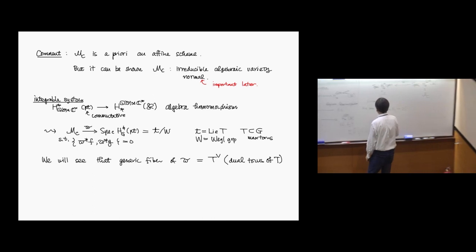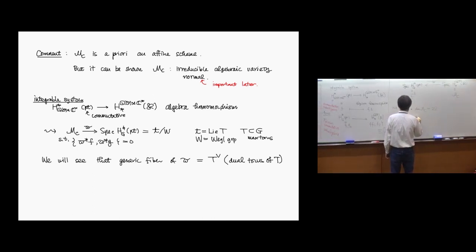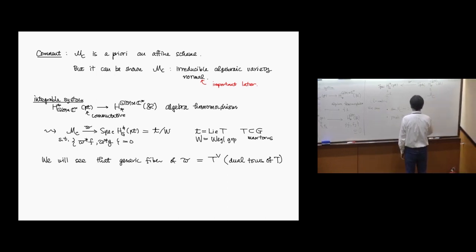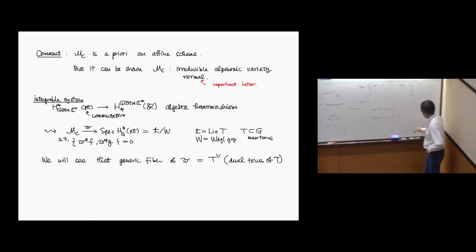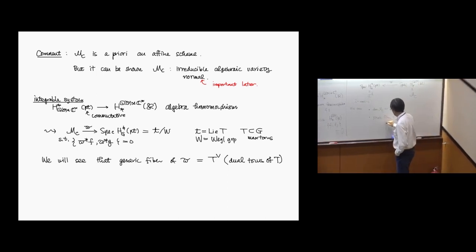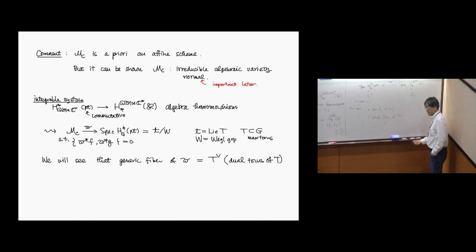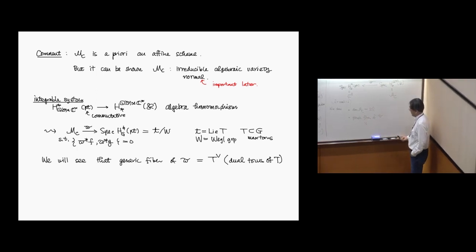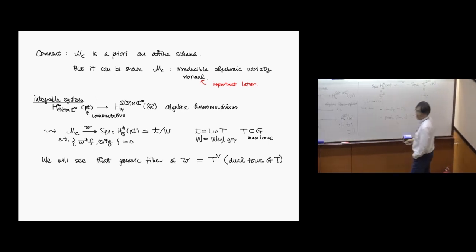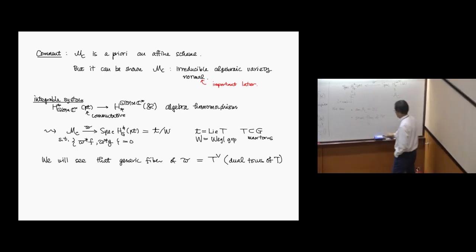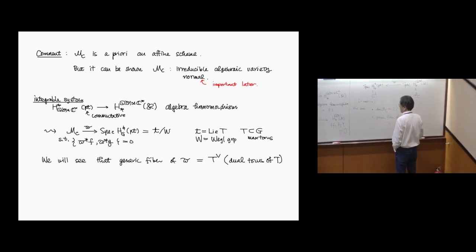We also show that the generic fiber of pi is, so in the compact setting, by the theorem of Liouville, the fiber should be a torus. But here, because we are studying the algebraic geometric setting, we don't have a torus.